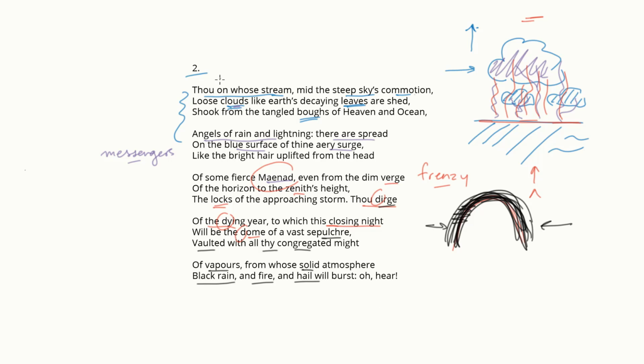So as you see, he starts with thou, and he ends with oh, here. Same structure as in the first stanza, and we get a pretty good sense of how sublime this is, because as we've said before, sublimity in this period is often associated with terror, with fright, and what's more scary than watching a storm and feeling like you are being buried alive by it.